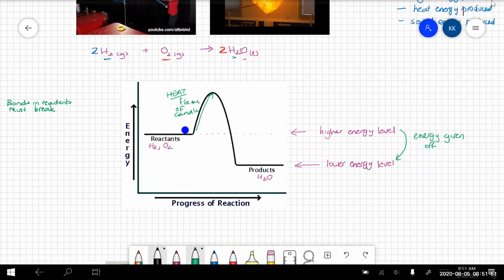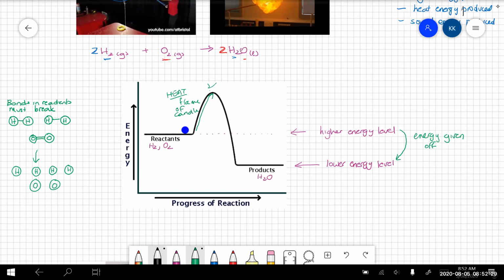And that's enough to just get the reaction started. So what we have is we've got 2 hydrogen molecules here and 1 oxygen molecule. Oxygen has a double bond to the next oxygen. And what we need to do is separate that into separate atoms. We need to break those bonds. When the bonds are broken, then they can recombine to form water.